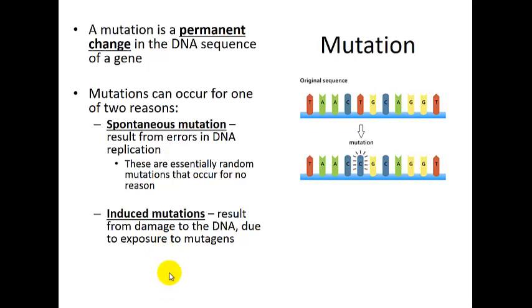These are the kind of mutations that result from some sort of exposure in the environment, damage from a variety of different sources. The source itself is often referred to as a mutagen. In other words, something that can cause mutation. Think of these as environmental in their nature. Typically, something around you that you're being exposed to is causing an induced mutation.